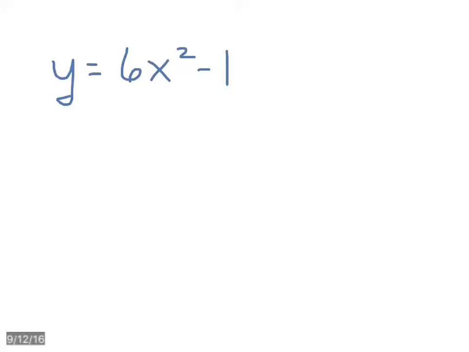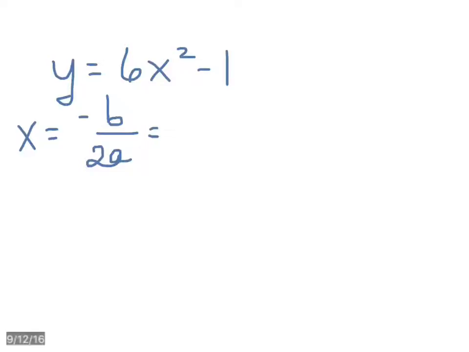Now, where is that at? So I have to do the negative b over 2a, just like I did on Friday. What number's in the b position? There isn't. 0. There isn't a b. Okay, remember it was ax squared plus bx plus c. There is no x.